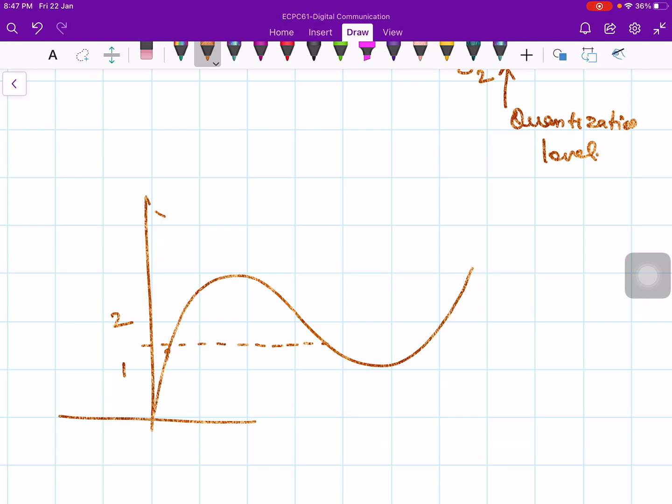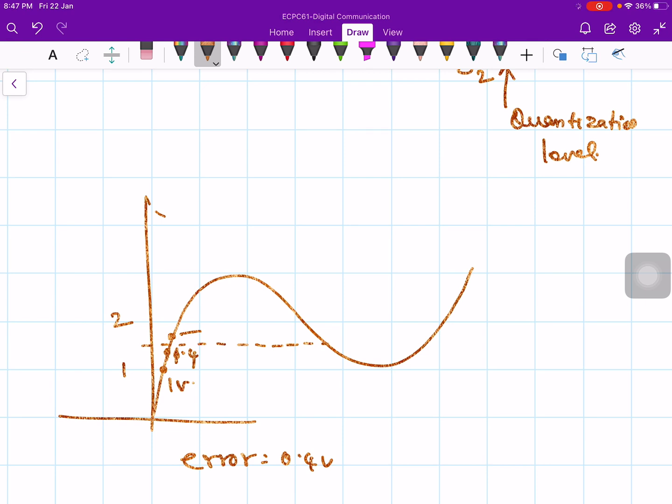Let's say this is 1.4, and this 1.4 is rounded to 1 volt. So what is the error in this? 0.4 volts.